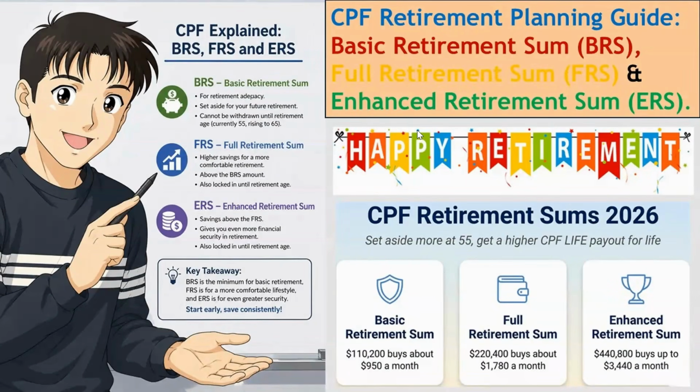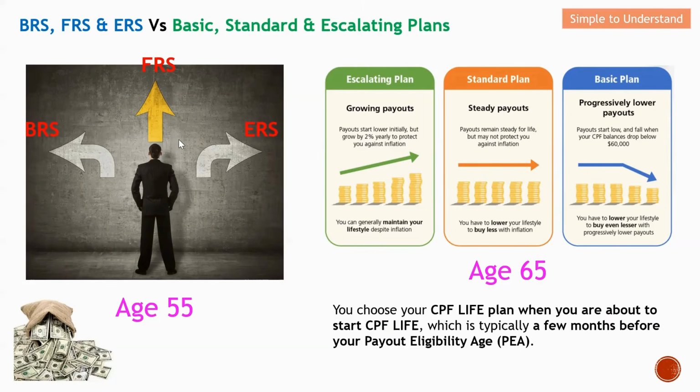In short, this retirement sum will decide how much money you will park into your RA account. For some, let's say SA is enough, SA will be transferred to your RA. But for some, let's say your SA is not enough, probably you need to make use of OA together with SA to transfer to RA. So these are the different types of retirement sum.